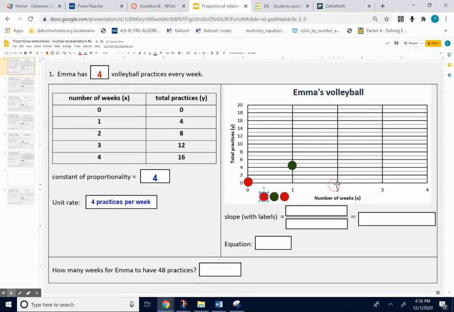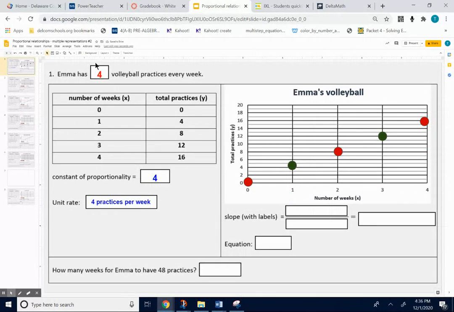So over to 2 weeks, up until you're across from 8 practices. 3, 12. Over to 3 weeks, up to 12 practices. And then 4, 16, over to 4 weeks, up to 16 practices.